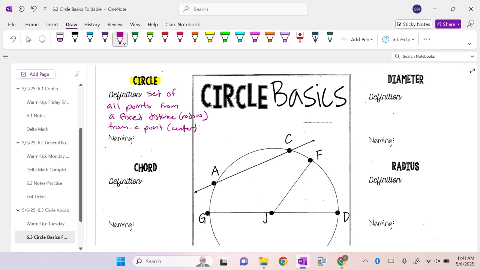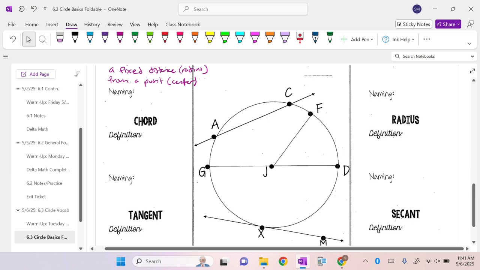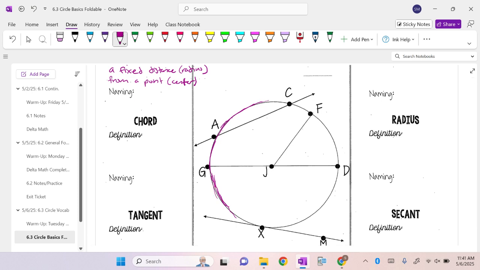So the way you name a circle. For example, this is your circle right here. All right. And what letter do you think my center point is here?